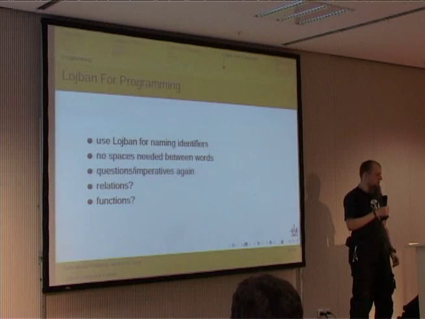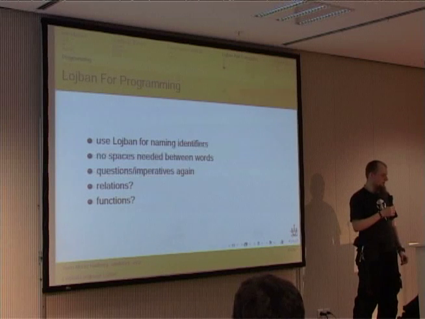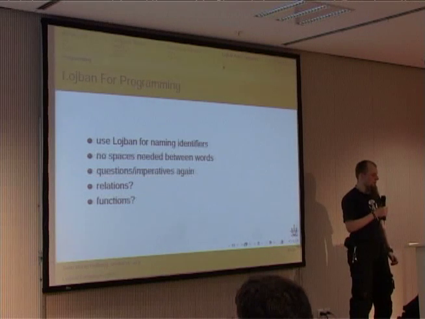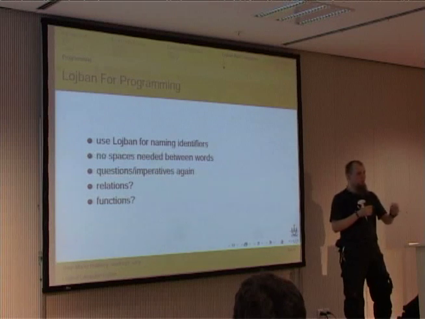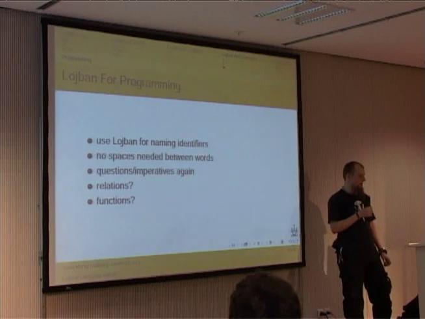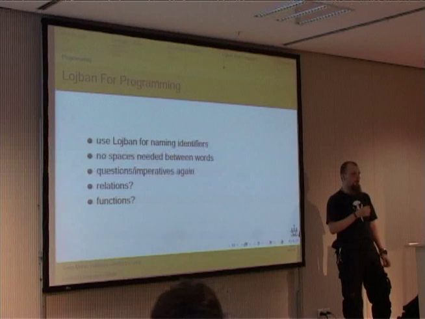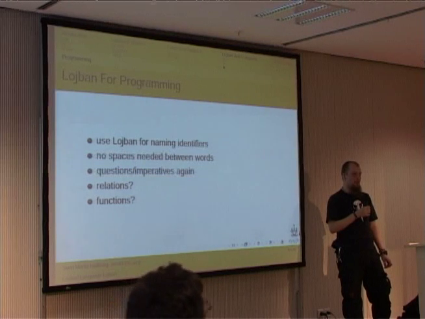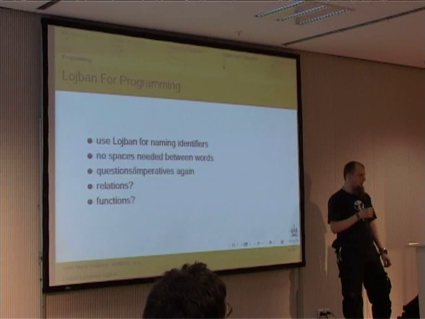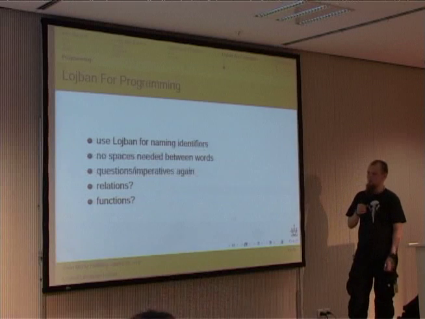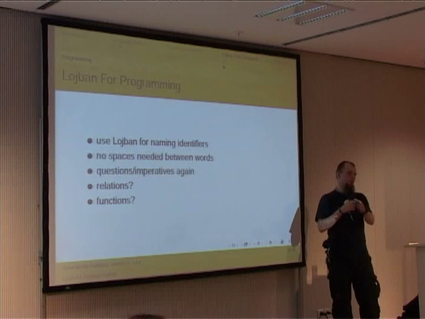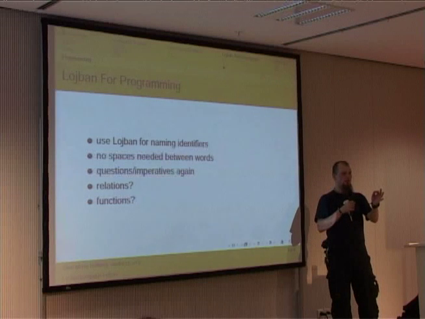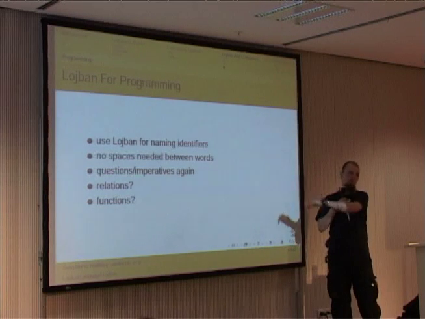Also, you might again use the fact that making questions and imperatives is really easy in Lojban. Also, maybe you could just use the bare root words for, say, naming a relation in Prolog, which would be an obvious match, of course, but also maybe functions, because many of the root words have the structure x1 is something, like x1 is a car of brand x2, and so on.